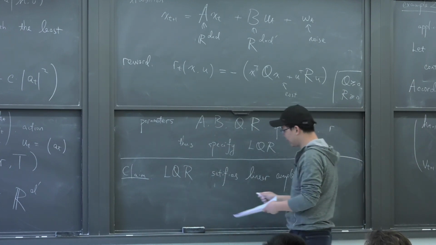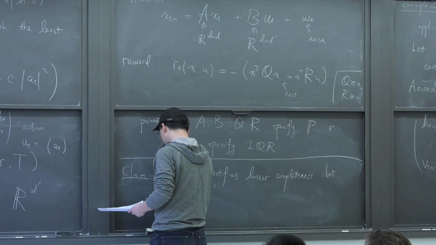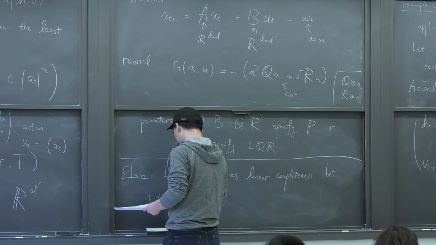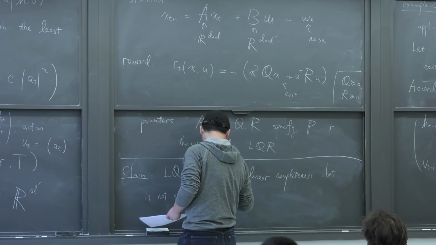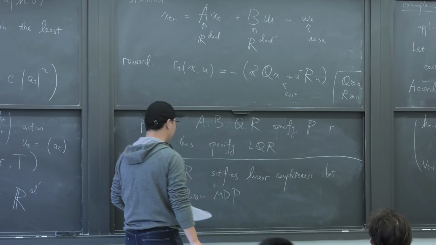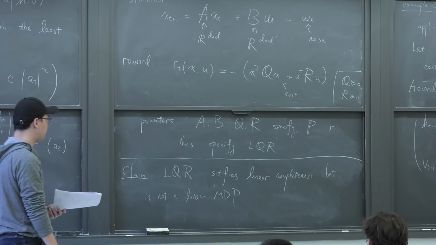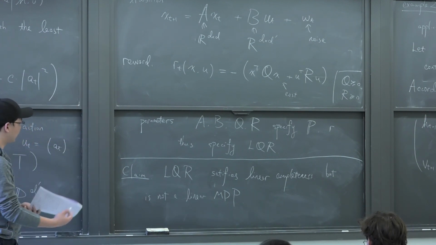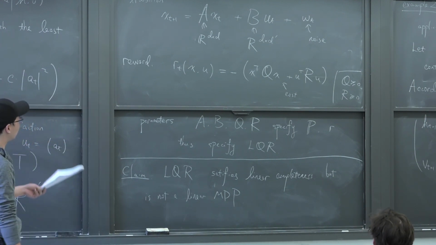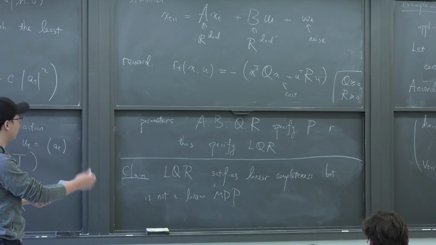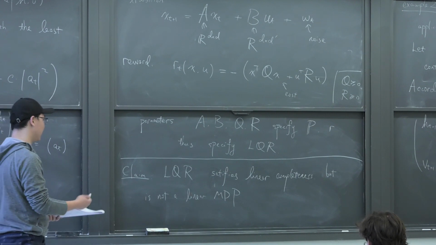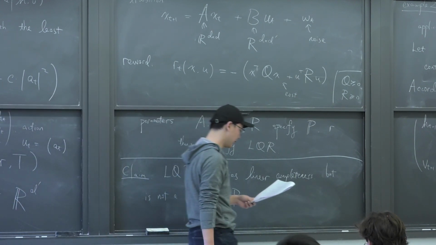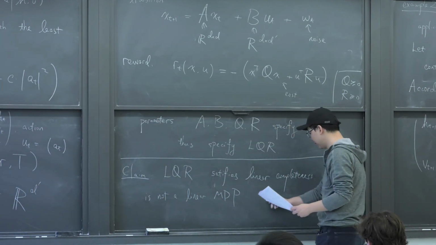But it's not a linear MDP. It's a very good practice to check the definition by plugging in those directed conditions and checking whether those assumptions are true. So we'll leave this to homework 3.